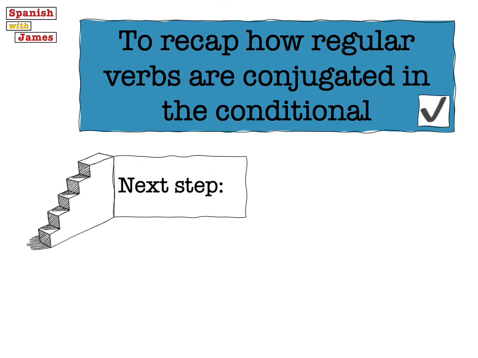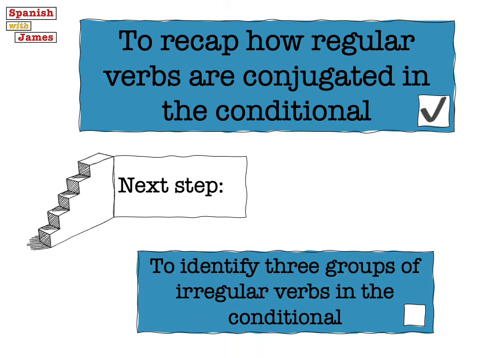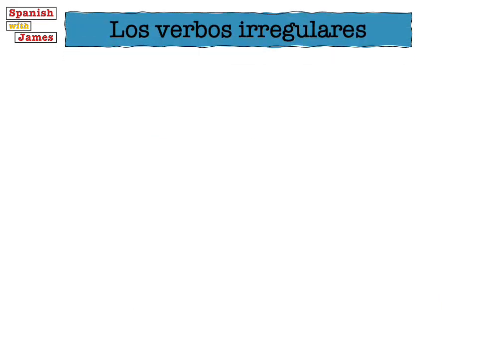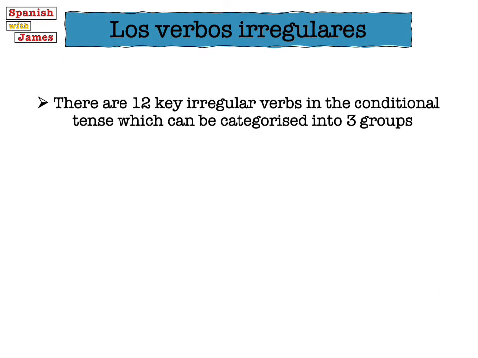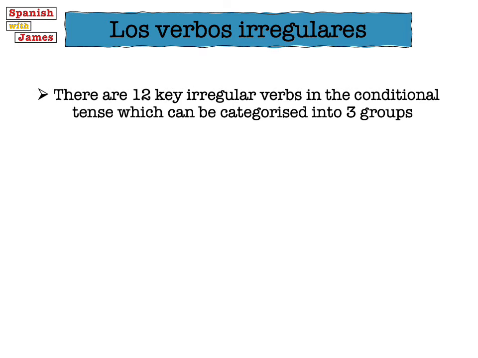So our next step is going to be to start with the main learning objective, which is to identify three groups of irregular verbs in the conditional. Los verbos irregulares, the irregular verbs. So there are 12 key irregular verbs in the conditional tense, which can be categorized into three groups.